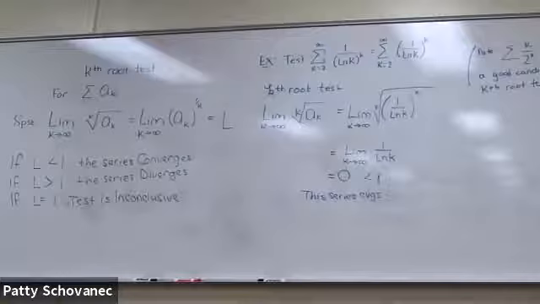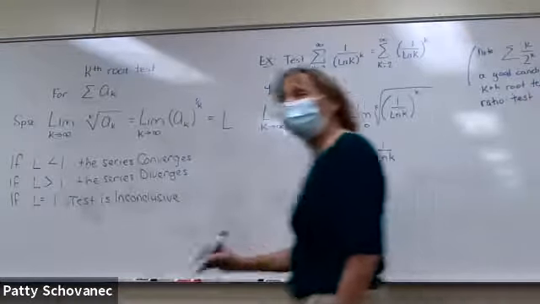Taking the limit of K to the 1 over K is tricky. So just use the ratio test. You want everything to have a Kth power.